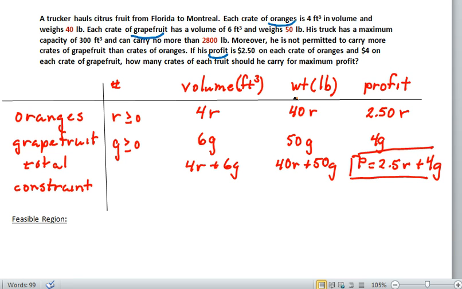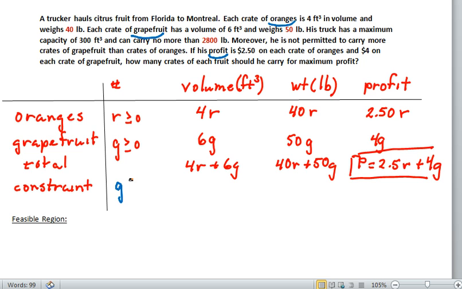Similarly, for the G crates of grapefruit, we'd have 6G cubic feet, 50G pounds, and 4G dollars profit. I totaled these. The P function is the function we're going to be maximizing, and we'll come back to it later. We have some more constraints to add.